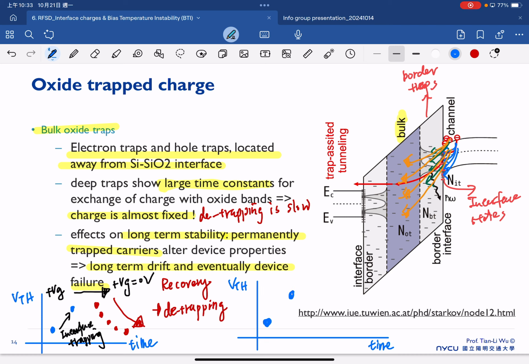We do the stress here, the situation where we have the VG applied. And if this increase is due to the bulk trapping, then once we start to do the recovery testing at VG equal to 0 volt, we will see the threshold voltage shift stay here. There's no recovery.